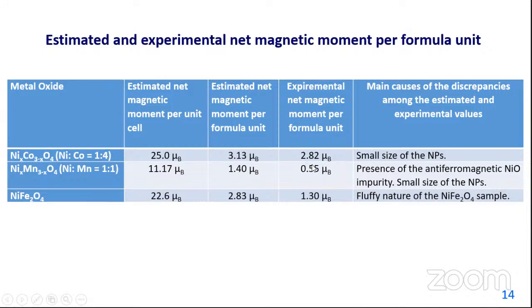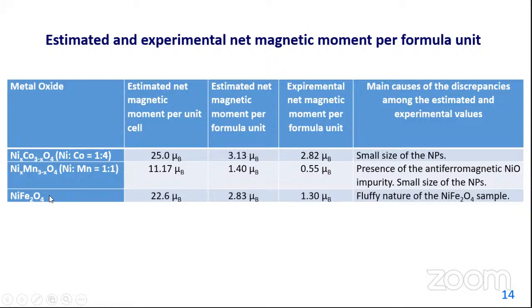Moreover, all those particles are very small also, which may reduce it a lot. But they are superparamagnetic. In the case of nickel ferrite, the theoretical estimated magnetic moment per formula unit is about 2.83, but we are getting 1.3 Bohr magnetons.